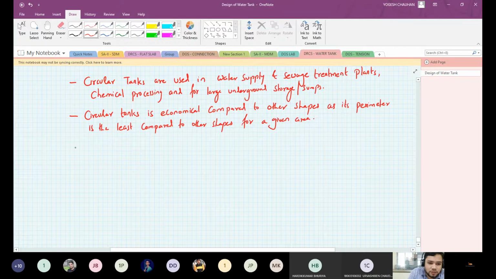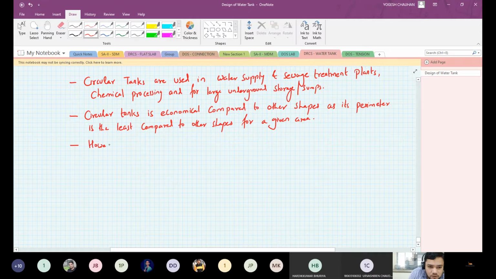However, for the small tanks, the cost of the formwork for circular tank will be more. So for the small tanks, the circular tanks are not preferred, and the rectangular tanks are preferred.